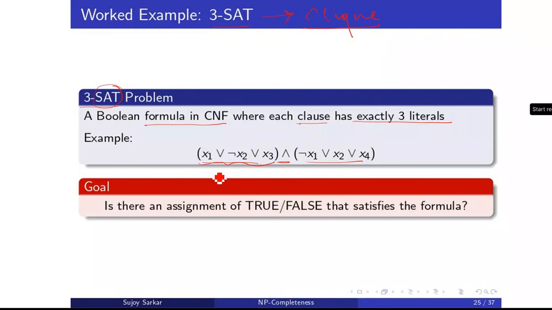So this we call a clause. So we have 2 clauses and inside every clause we have literals. So we have 3 literals in every clause. So this is called the 3 SAT problem. And the question we are asking, is this formula satisfiable? Is there an assignment of true and false values that will satisfy the formula?